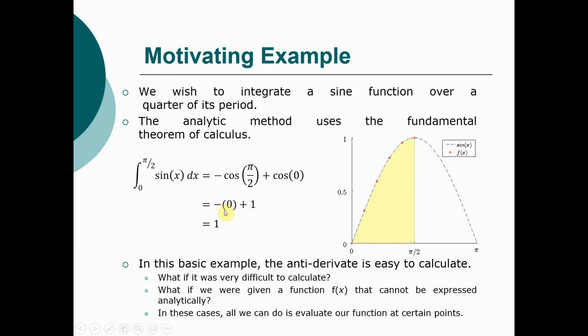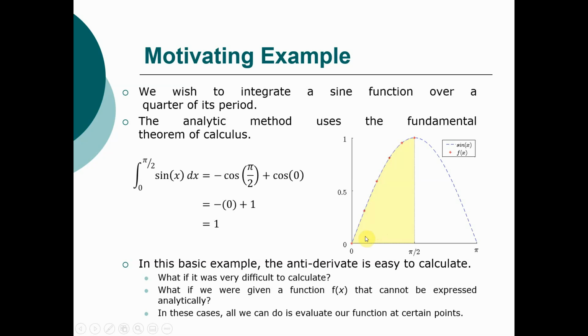In this example, the reason we could do it so easily was because the antiderivative is easy to calculate. In many cases, it might not be the case. It might not be very easy to calculate the antiderivative. Also, we might not even have the function that we need to integrate.